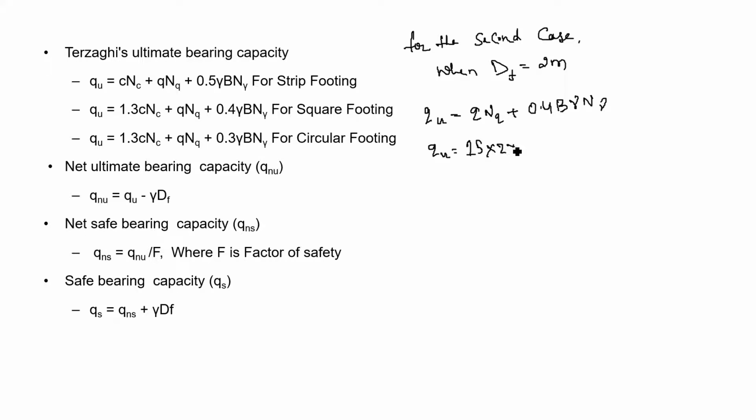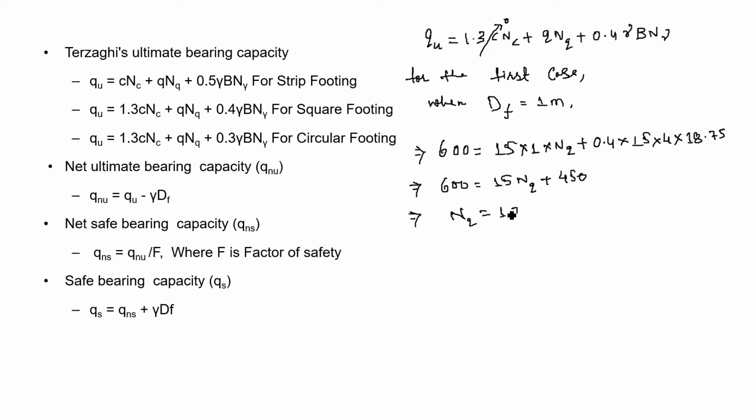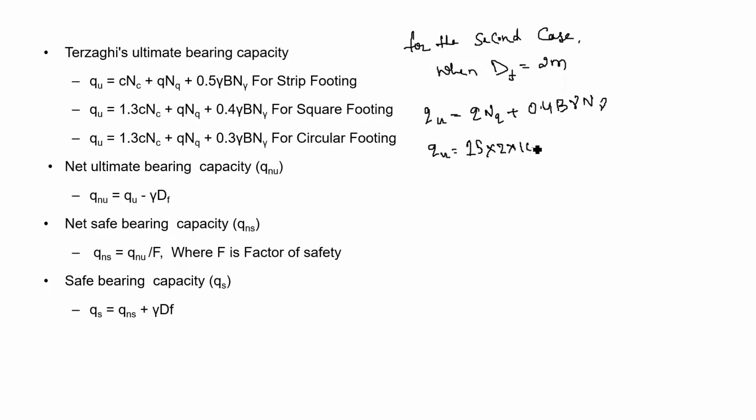Depth of foundation is 2. Nq we have just calculated as 10, plus 0.4. B is the width of foundation, which is given as 4 meter. Gamma is the unit weight of soil, which is given as 15.